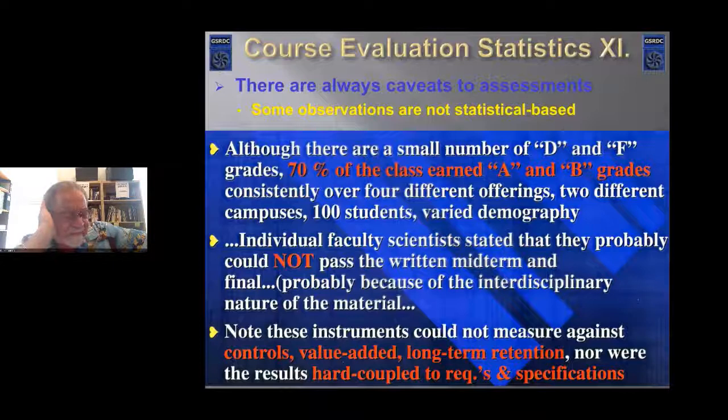We gave the final to several graduate students in biology. Since I was department chair of biology at that time, I could do that. And you know what happened? They got the same score as our ISGE undergraduate students. The same score. They didn't do entirely better.